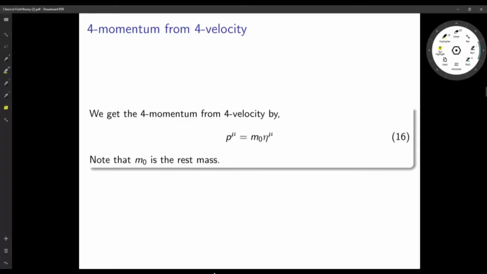It's important that we use rest mass here and not relativistic mass, because that would make your calculations dependent on the frame of reference you're using, and that would throw off the entire purpose of trying to find your 4-momentum.